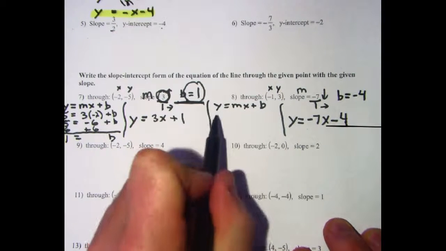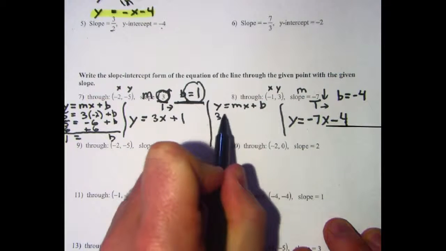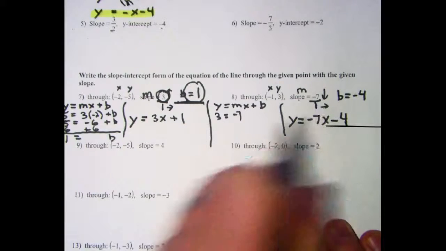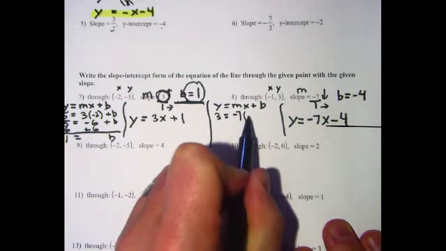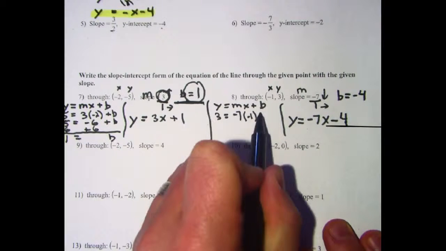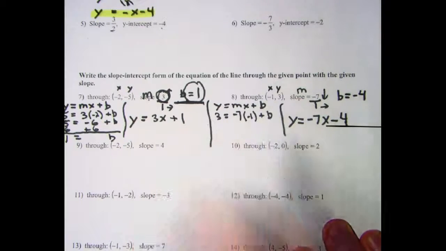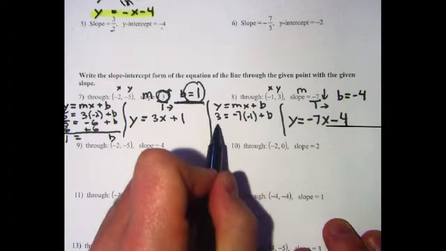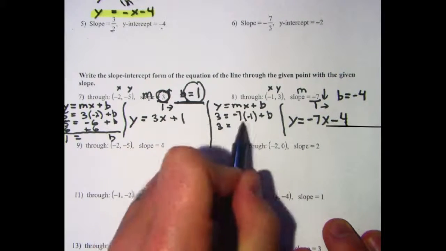So we have 3 equals -7 for m, -1 for x, and then just plus b. Okay. We can simplify -7 times -1, which equals +7.